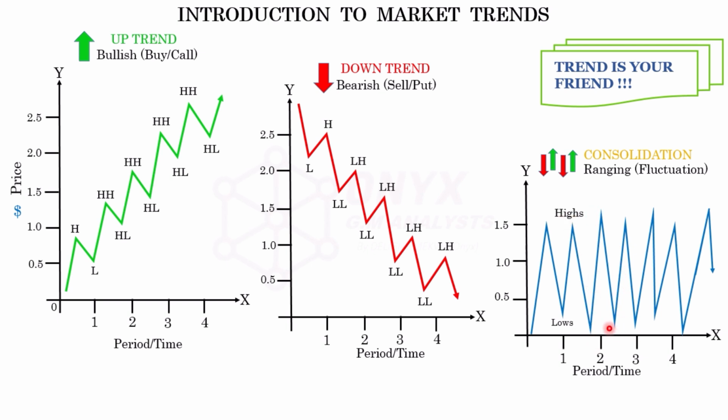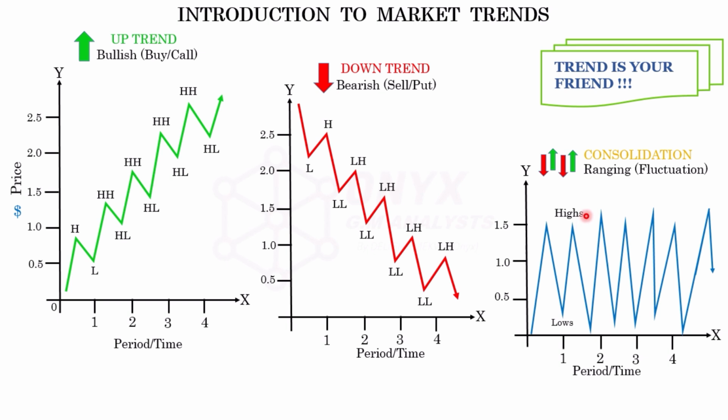Now it forms a low. It forms a lower high, you know. So there's no clarity here. In other words, there's no consecutive higher lows, higher highs, lower lows, lower highs that we can see following each other consecutively. So what does that mean?